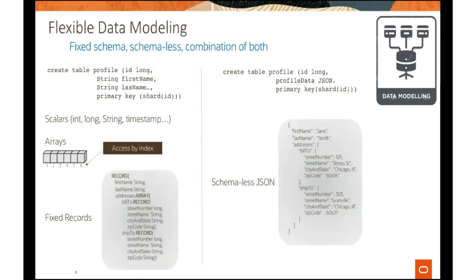And then on the right-hand side is purely schema-less JSON. For this table, we've created an ID as a long, and then we've just said we've got one column, it's JSON, we're done. And again, we said we're going to shard on that ID, and it's also the primary key.